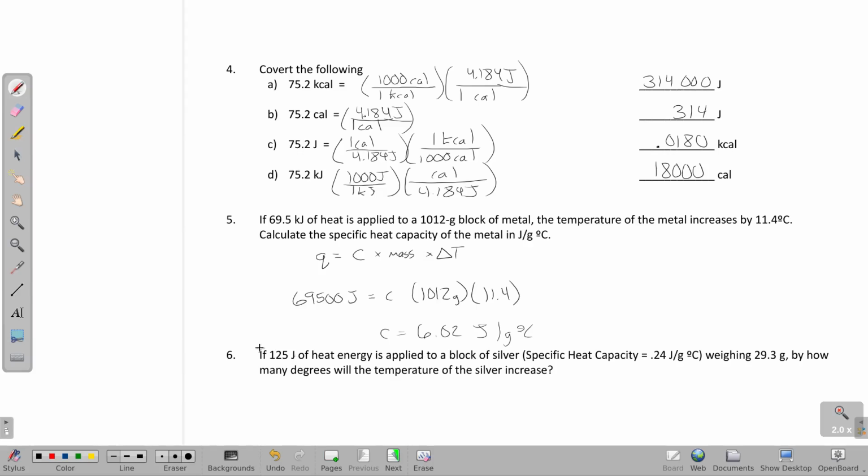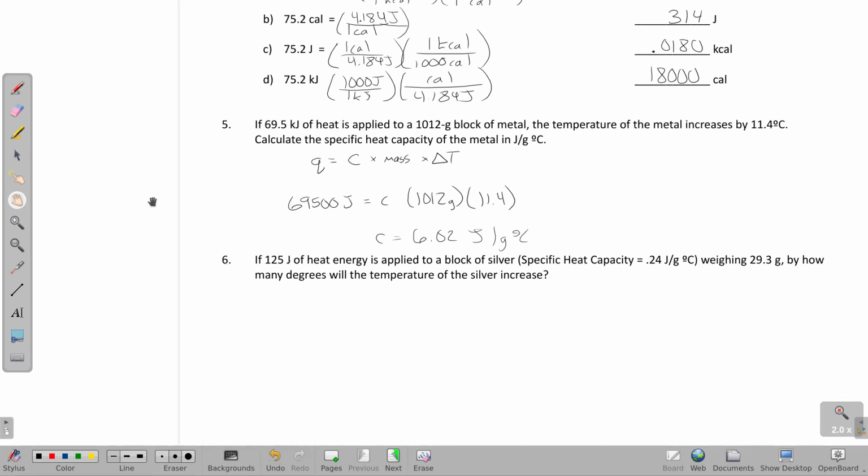All right, number 6. If 125 joules of heat energy is applied to a block of silver, given a specific heat here, which weighed 29.3 grams, by how many degrees would we expect the temperature to change? We're technically using the same equation up here, but now we're going to just do 125 joules. They give us the specific heat, it's 0.24 joules per gram degree Celsius.